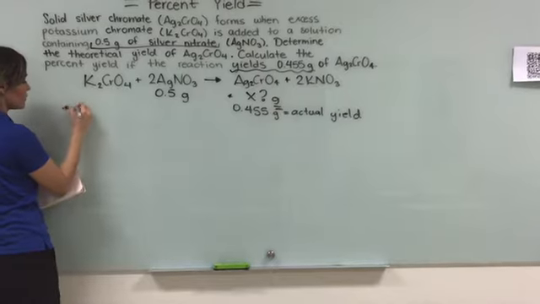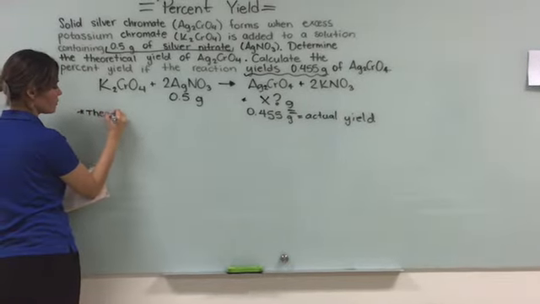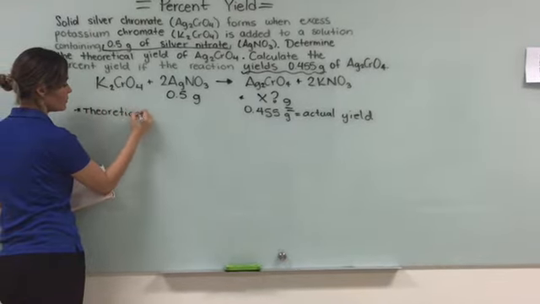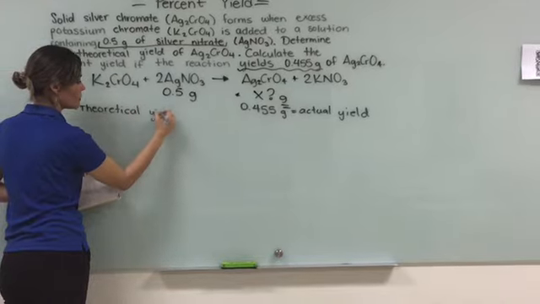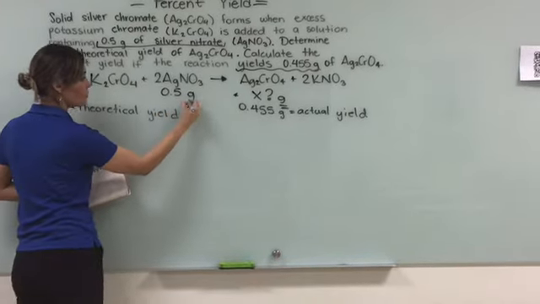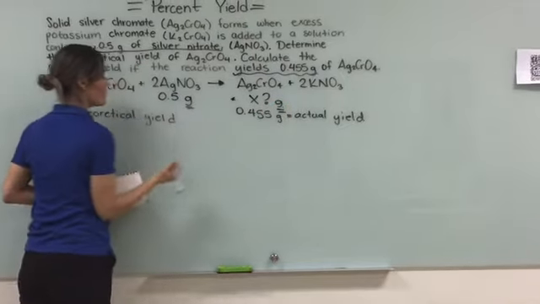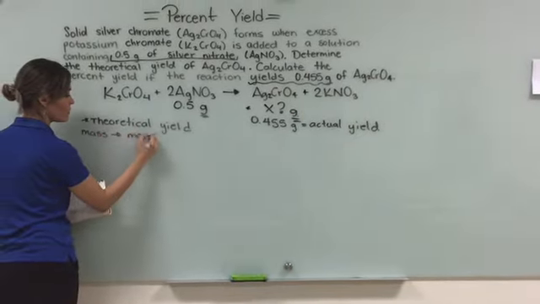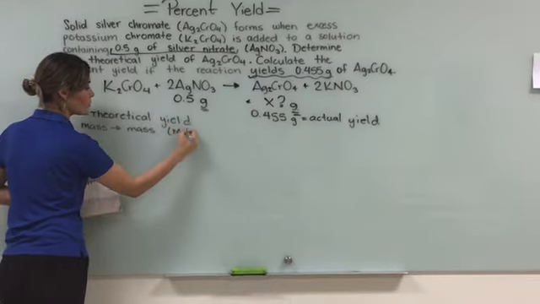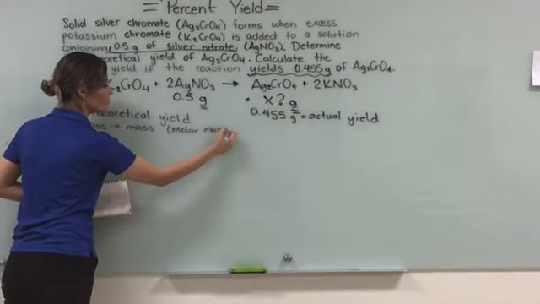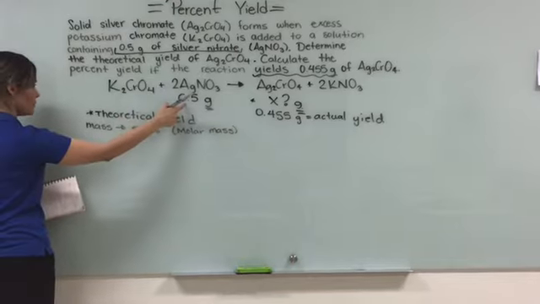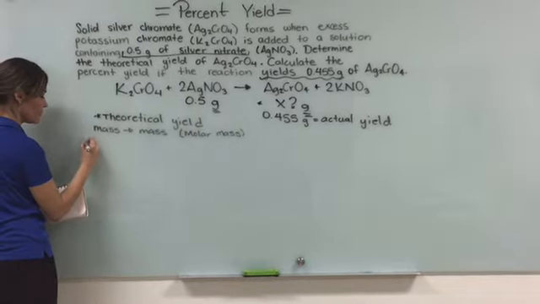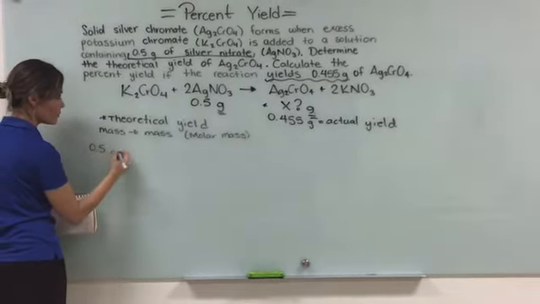The first part that we must do is to calculate the theoretical yield. For doing that, we're going to apply a mass to mass problem in this case, as we have grams and grams, and we're going to start with the known. Remember that the known is the number that we have, in this case the 0.5 grams of silver nitrate, and our unknown will be the grams of silver chromate.